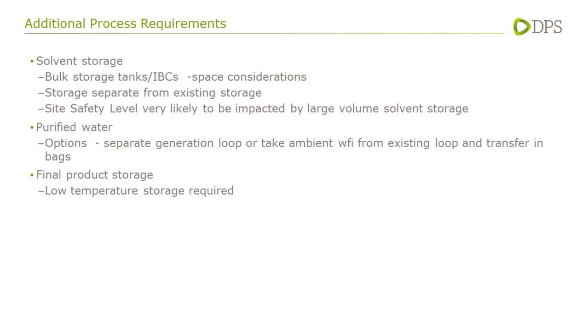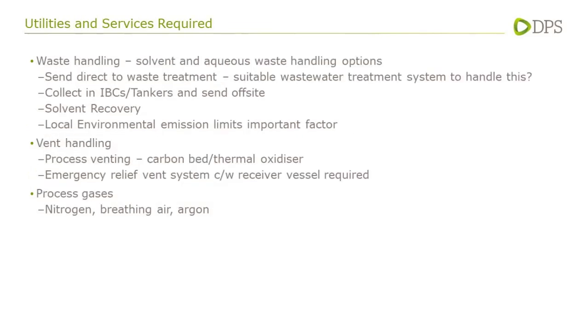The utilities and waste handling requirements for the facility should definitely be considered during the design phase, as they could be considerable. Due to the relatively high amounts of solvent waste generated, plans must be in place for handling all of this waste. The solvent waste streams involved can all be recovered and reused in solvent recovery units.